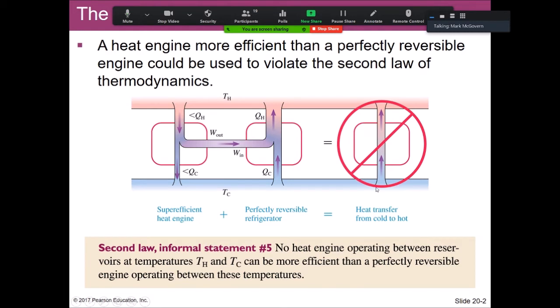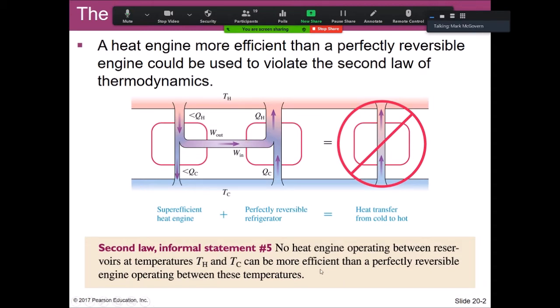And that ultimately is a statement of transferring things from hot to cold spontaneously without any work, and that's something that you can't do. So this statement down here is equivalent to saying that you cannot spontaneously transfer things from cold to hot. And it seems weird because we're talking about something that is seemingly very different, the efficiency of an engine.